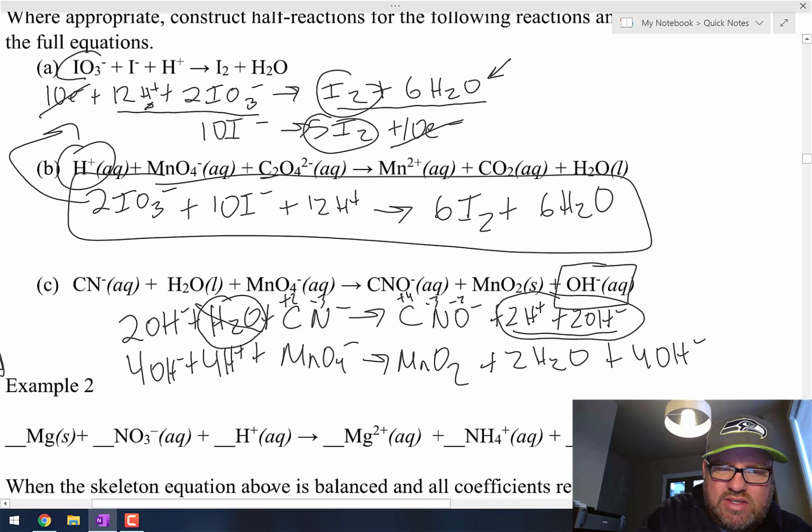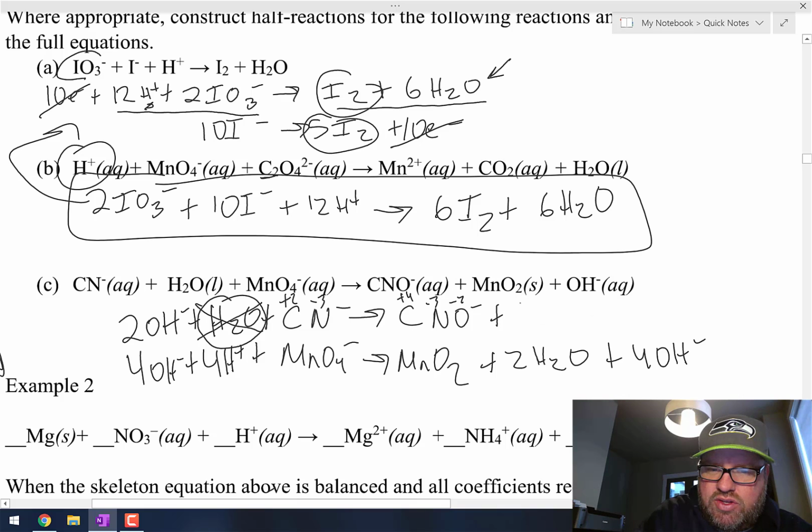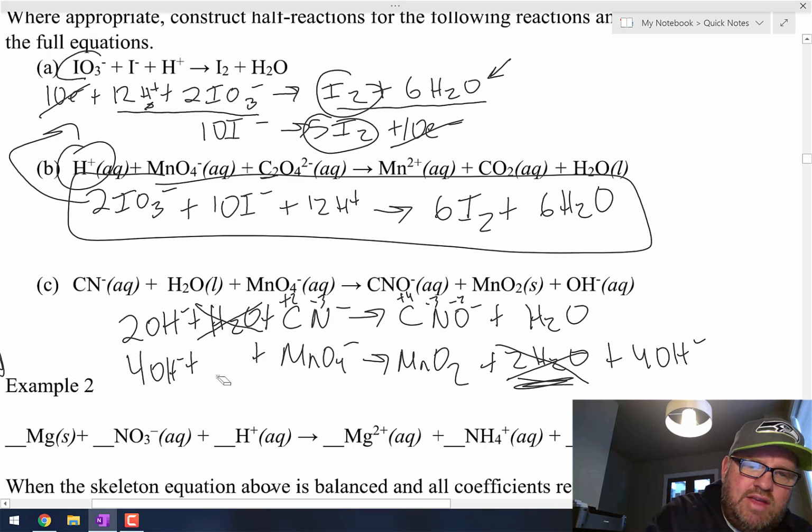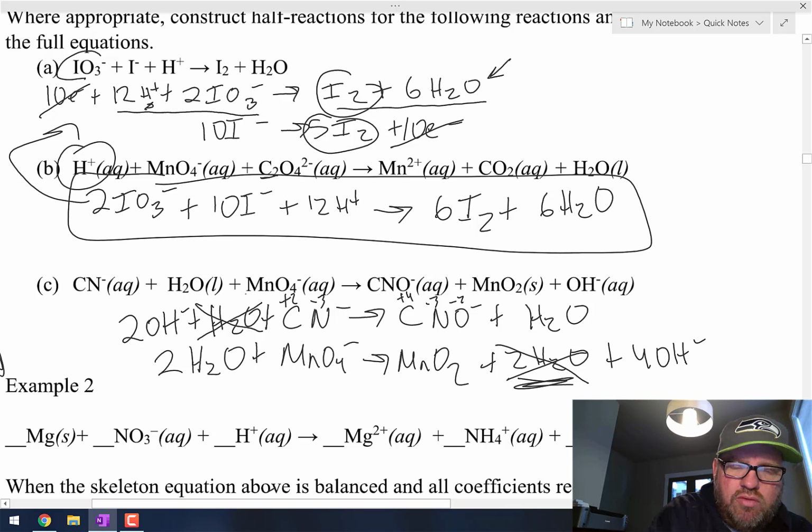So that cancels out that water, and that leaves us with just 1 water here. Same thing on this one. That is 4 water molecules. Here we have 2. So those 2 are gone, and that leaves us with 2 more over here.